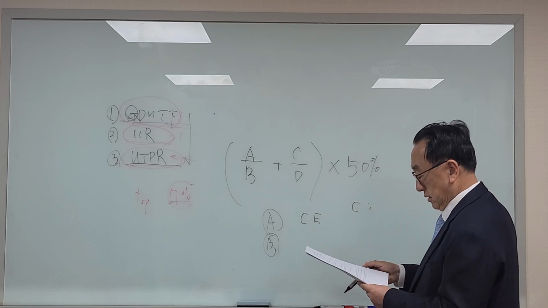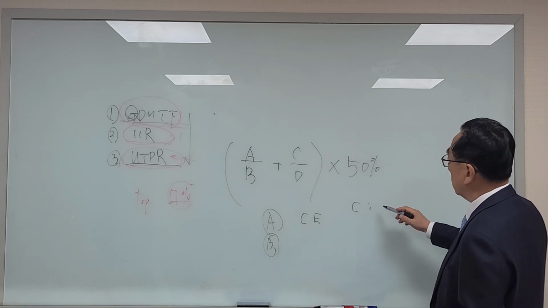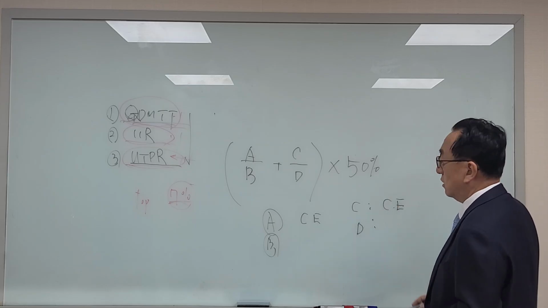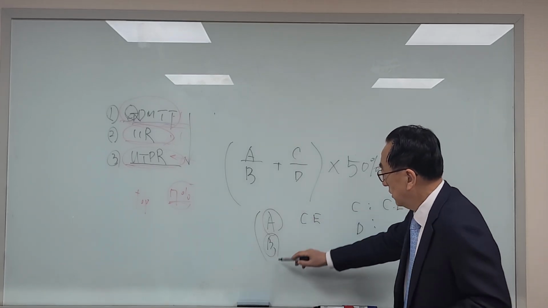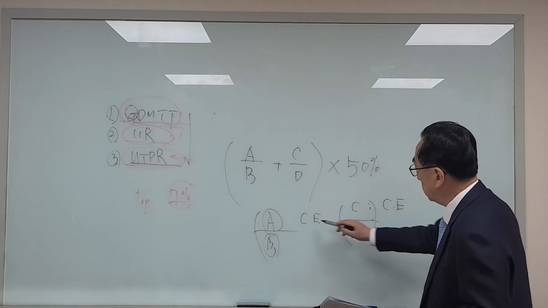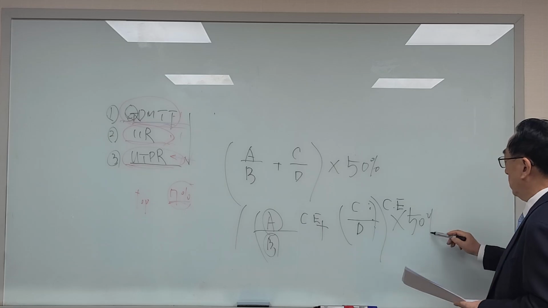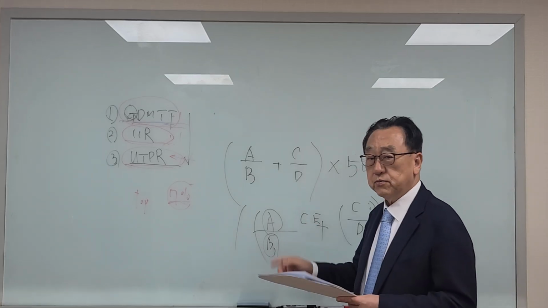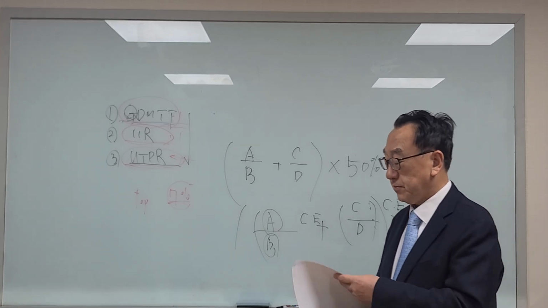C equals the total net book value of tangible assets of that CE. D is the book value of tangible assets of the group. So A divided by B plus C divided by D, multiplied by 50%. This will be the allocation ratio. I think this is very rational.